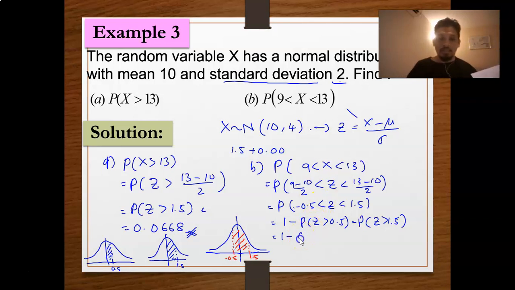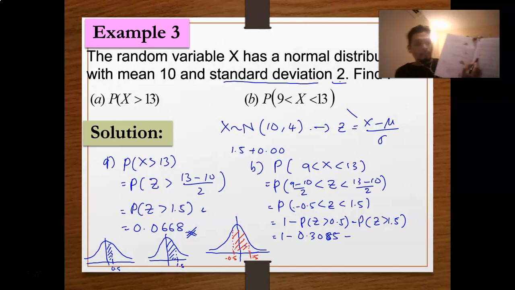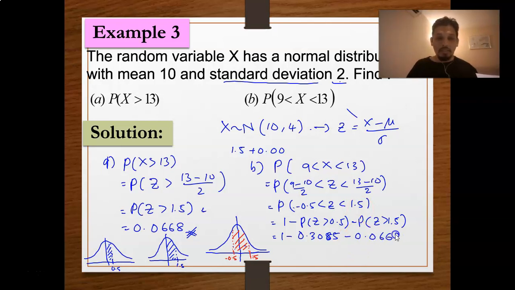It is 0.3085 minus the next one, 1.5 and 0, which is 0.0668, and the total of this is equal to 0.6247.